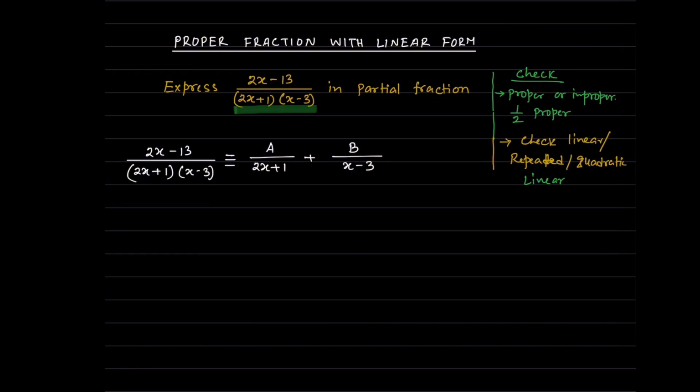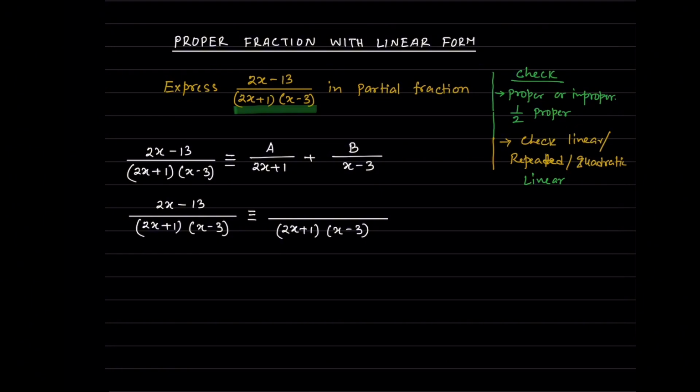Now the second step is you can solve like this. So we have (2x minus 13) divided by (2x plus 1)(x minus 3). Put the identical sign. Here in your denominator you have your factors, 2x plus 1 and x minus 3.